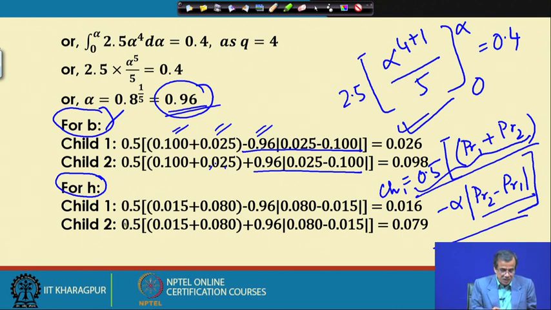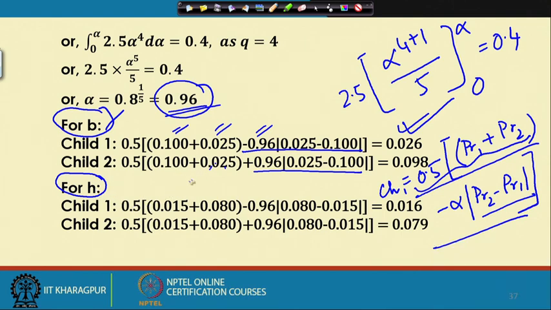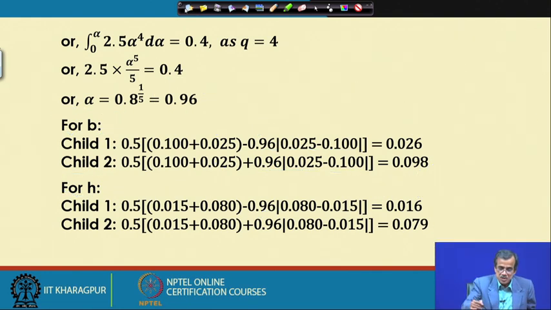This is your parent 1, parent 2, and this is the alpha. So, following the same principle, I can find out the value for child 1 and child 2 in terms of B and H corresponding to a particular solution.